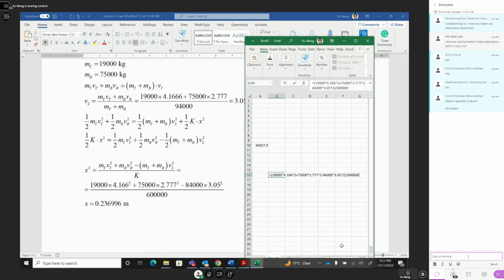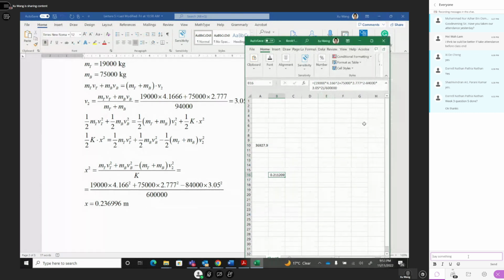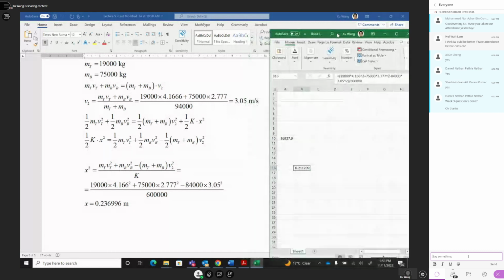Okay, and equal to, this gets 0.01. Interesting. So hold on, double check if it's correct or not. 1.6 squared, 75,000, 2.77 squared, and then minus 84,000 multiply 3.05 squared.